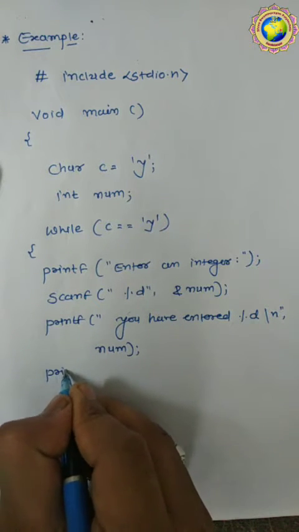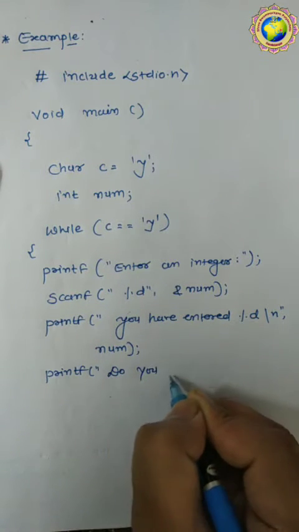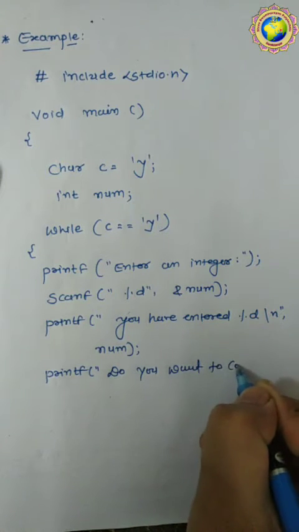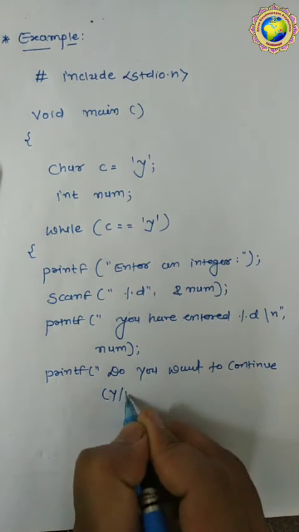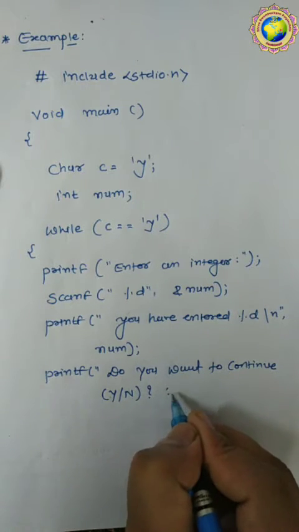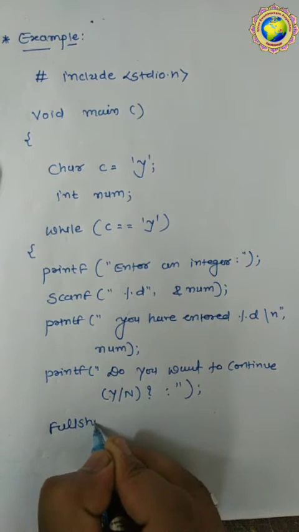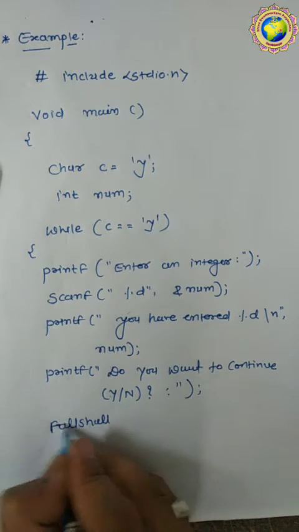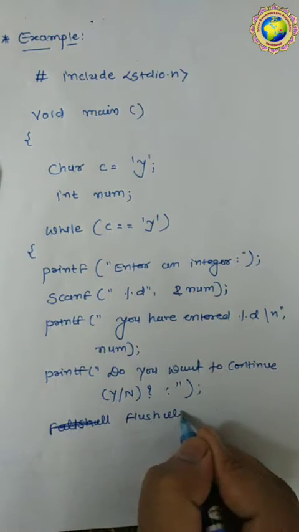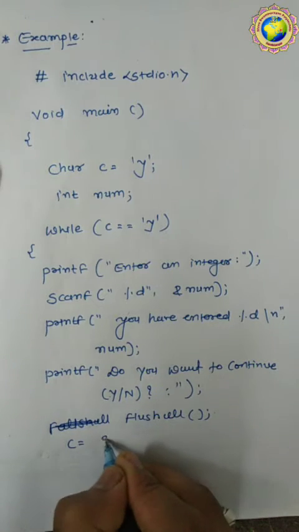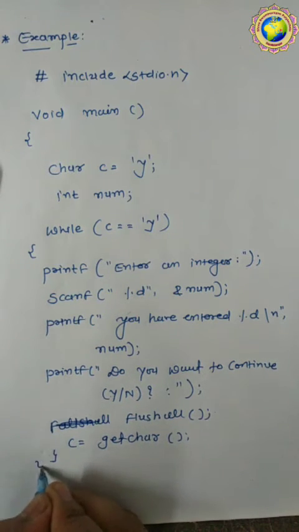Then printf "Do you want to continue? Yes or no?", fflush all, c is equal to getchar, and this is the close.